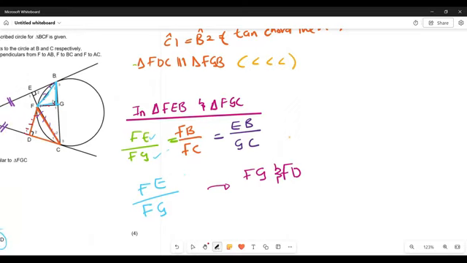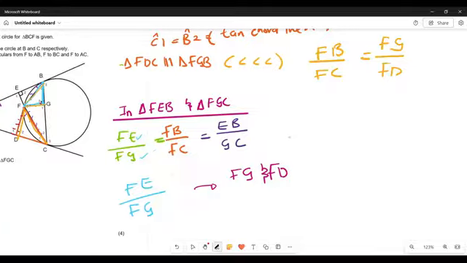So let me choose similar sides. I'm going to start with FB, which is my hypotenuse, and on the other triangle my hypotenuse is my line FC. So FB over FC is equal to FG over FD, because the side similar to my FG on the other triangle is FD.